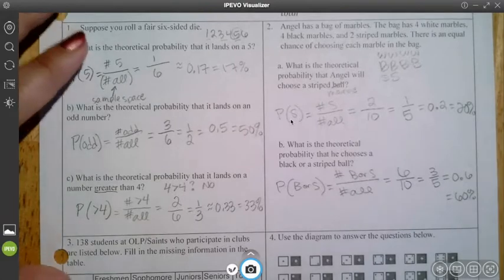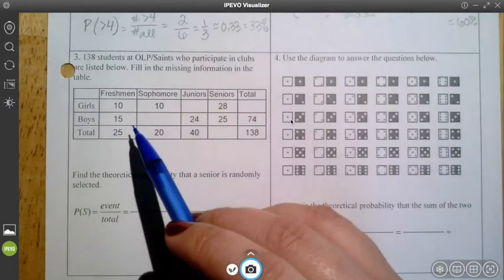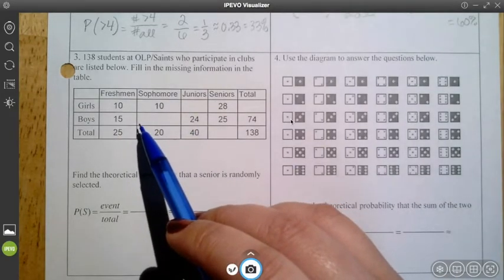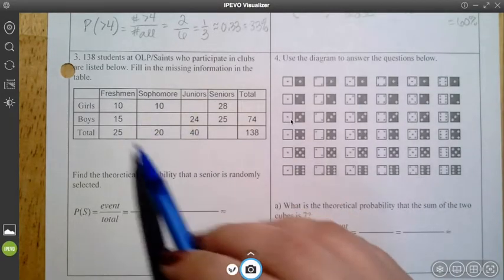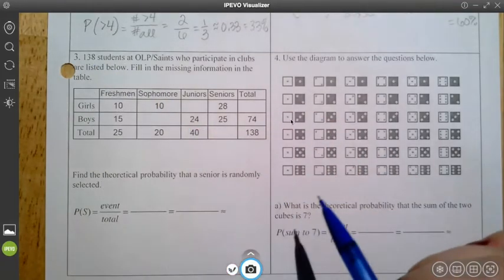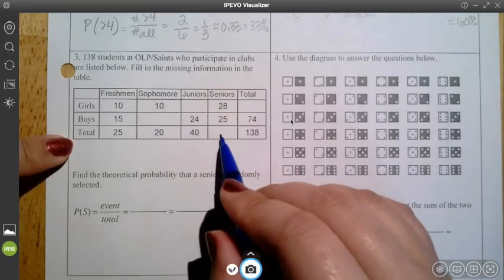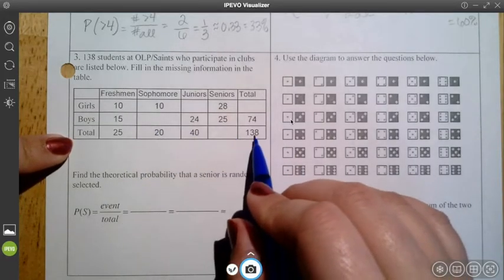Okay, let's take a look at our next example, example 3. 138 students at OLP and Saints participate in clubs as listed below. Fill in the missing information in the table. Okay, so we need to fill in the numbers, and we know their totals, right? We know that there are a total of 138 students. So if we look at this, 25, 20, 40, what number needs to be here to add up to 138?